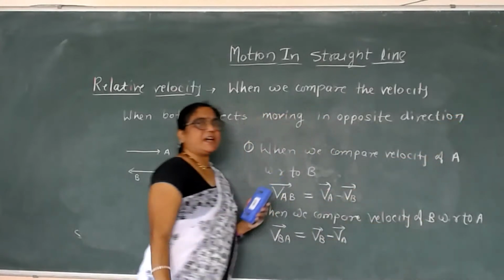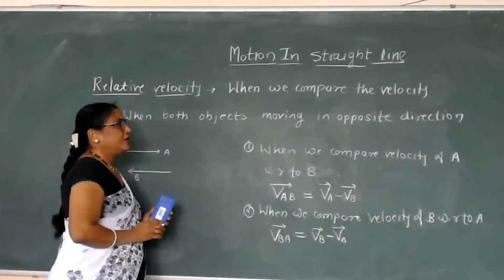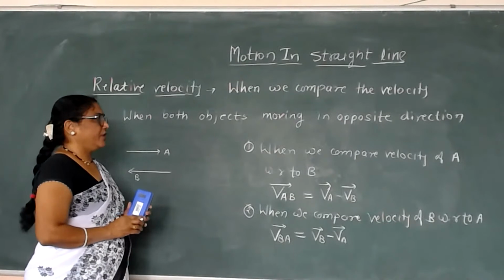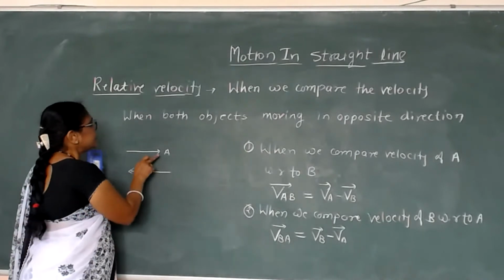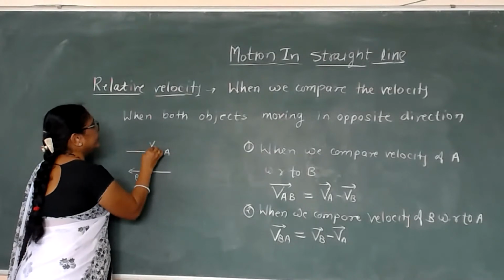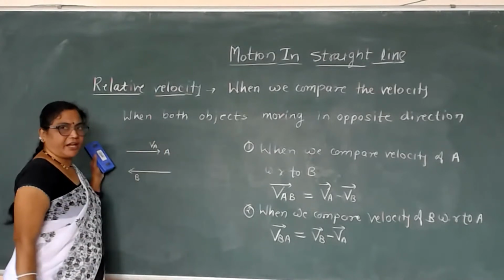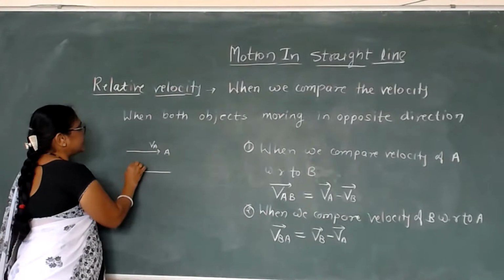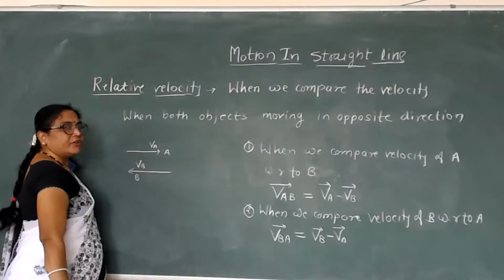When both objects are moving in opposite directions, or approaching each other, what is the relative velocity? Suppose A is moving with velocity VA, and B is moving with velocity VB.